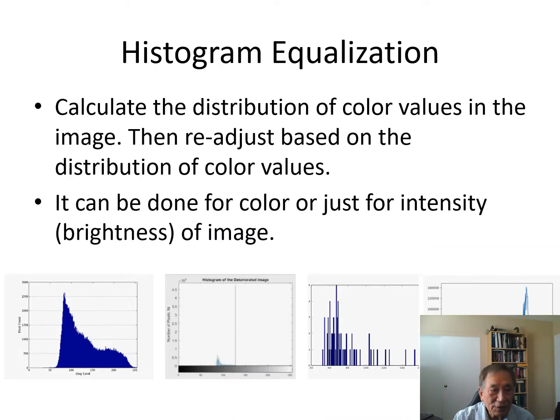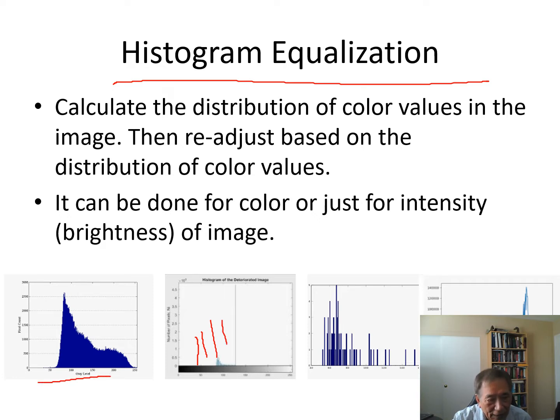Then here goes histogram equalization. Again, the lab session will talk about histogram equalization. A histogram, by definition, is a bar graph of frequencies. Here, the x-axis is the value. What would the value be? Of course, it's a pixel value.